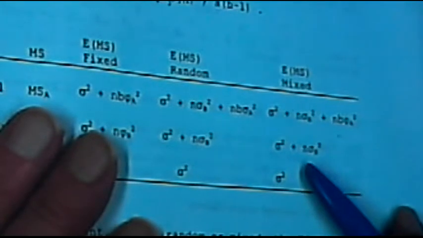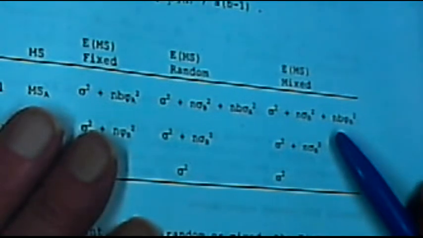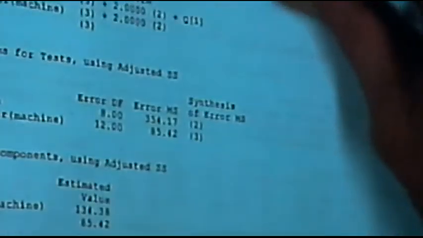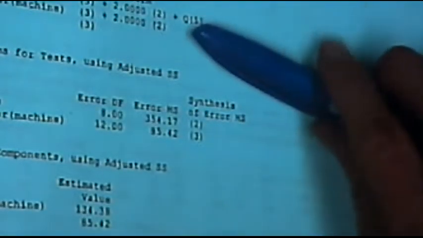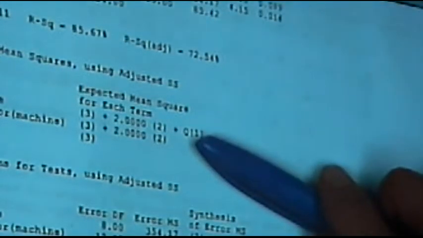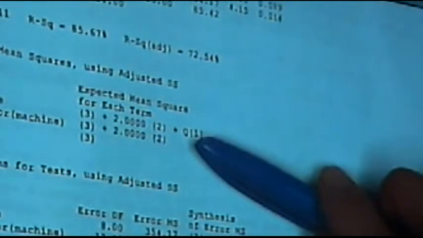So the n is 2, and then nb, I didn't think it did anything with that. It just says Q1. Q1 is sort of loose notation for a bunch of stuff involving the machine parameter. But anyway, there's the 2.00, that's from the little n. So those are matching our textbook formulas.